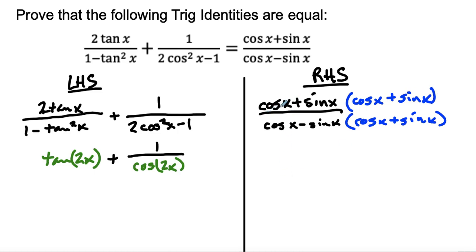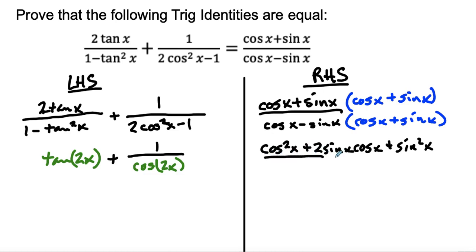Okay, so if I do that, all right, now I'm going to have, give me 1 second here. So I'm going to have on the top cosine squared x plus 2 sine x cosine x plus, let's get rid of that. Let's rewrite this. We would have 2 sine x cosine x plus sine squared x.